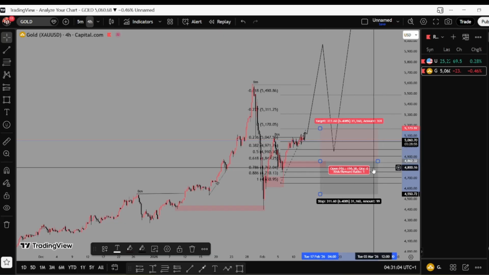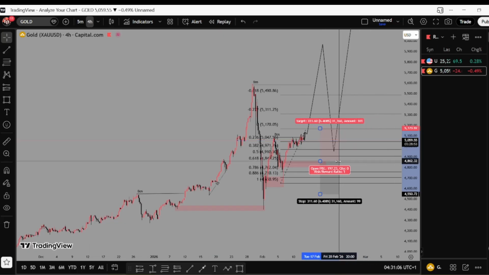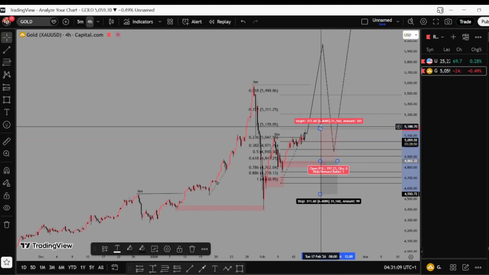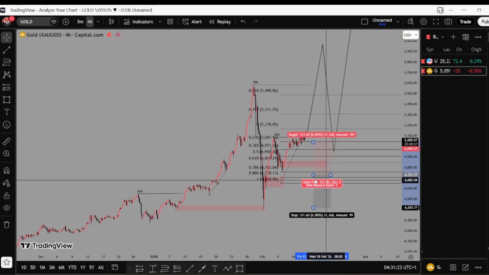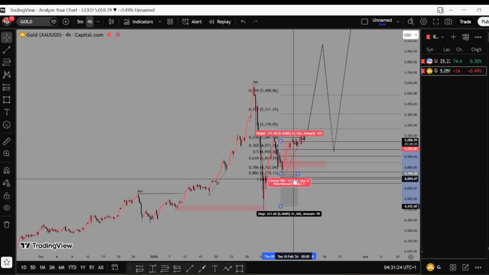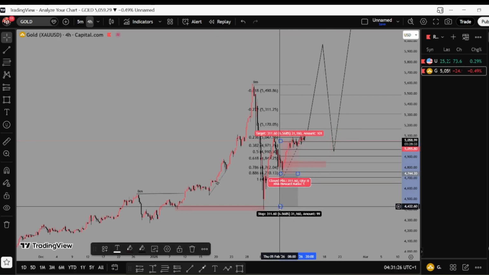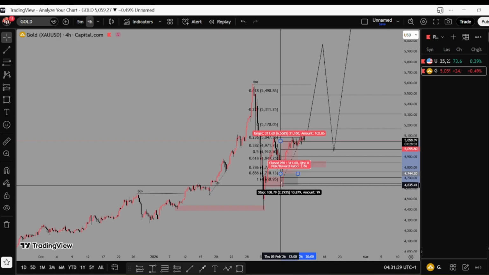When you are trying to place a stop loss, you don't really need to be so fixed on a stop loss. Your stop loss should be based on where you entered. Let's say you entered this trade from here, and then you want to measure from where you entered to the low. Let's say the last low of your entry point is 93.